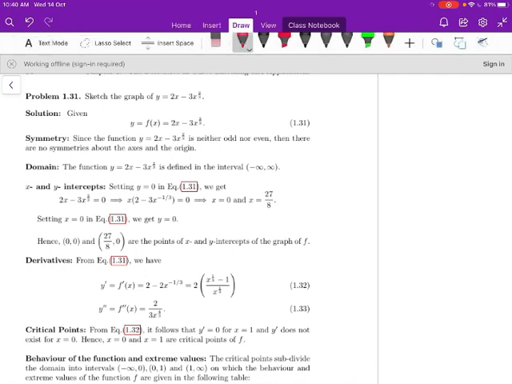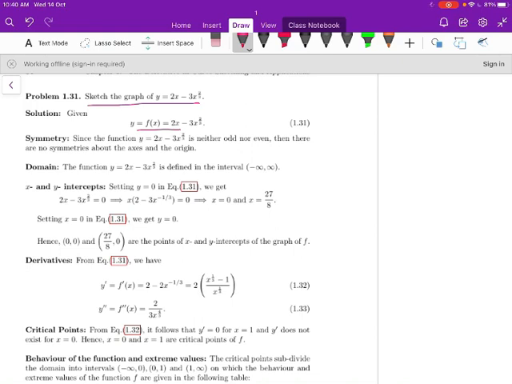Sketch the graph of the function y is equal to 2x minus 3 times x to the power 2 by 3. The given function is neither odd nor even.